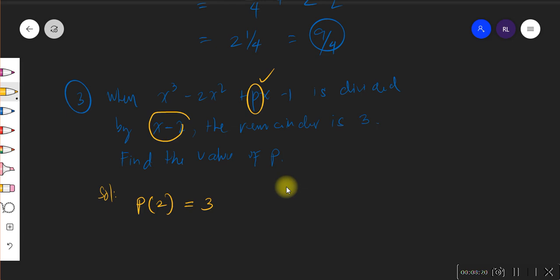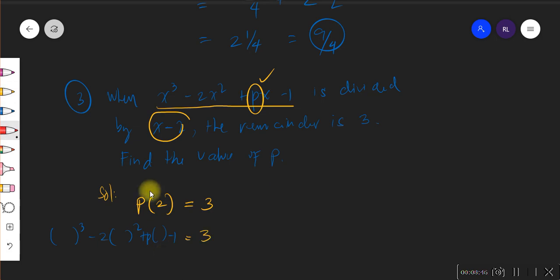Extending this, substitute 2 into the polynomial: x cubed minus 2x squared plus px minus 1, and the result is 3.